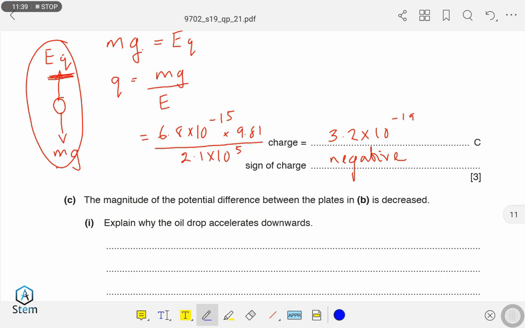So that electrical force will no longer be able to balance the gravitational force, the weight of the droplet. Hence, it will accelerate downwards because there is now a resultant force. EQ is no longer equal to mg. In fact, mg is now bigger than EQ.